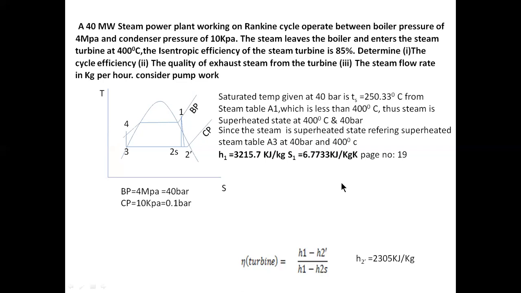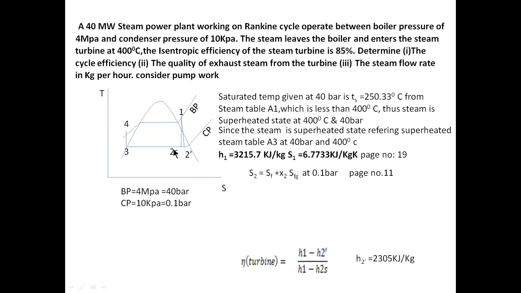Okay, next we will first calculate x2 by considering this process 1 to 2. See, we are going to solve the problem in the same manner as we did in the simple Rankine cycle. Till now the procedure is the same as we did in the simple Rankine cycle. Okay, here also you can see S1 is equal to S2.